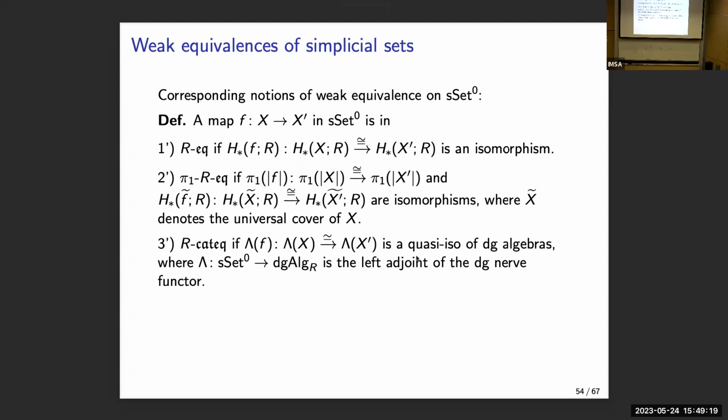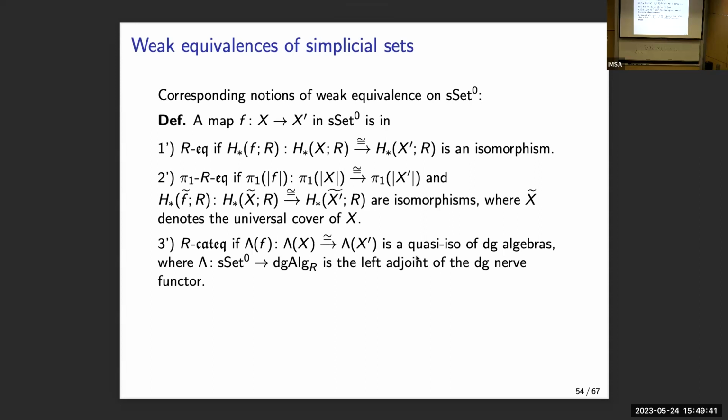Third notion of weak equivalence, the deepest one, I'm going to call it R categorical equivalence. Again, these are maps of simplicial sets that induce a quasi-isomorphism of differential graded algebras after applying this left adjoint of the differential graded nerve functor.